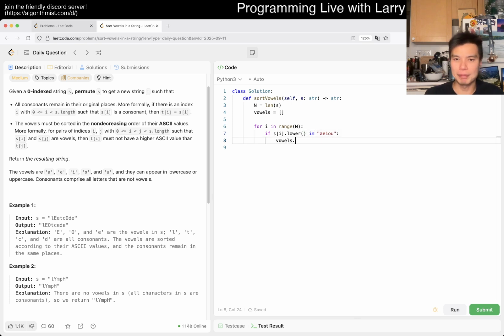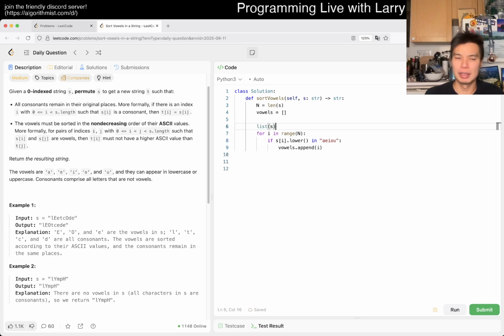Then maybe vowels.append(i), right? And maybe we just convert it to a list. Let's just go with answer, right? And then we could sort values by, so values contains the index, so we just sort it by s of i, right?